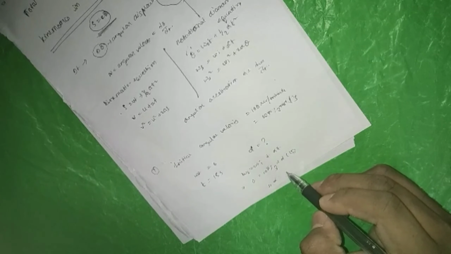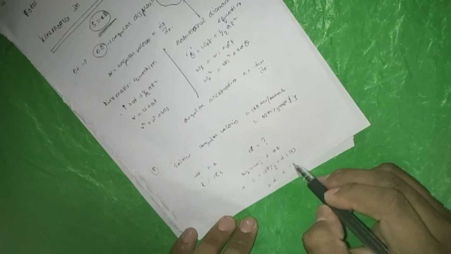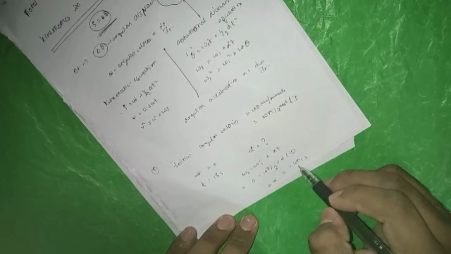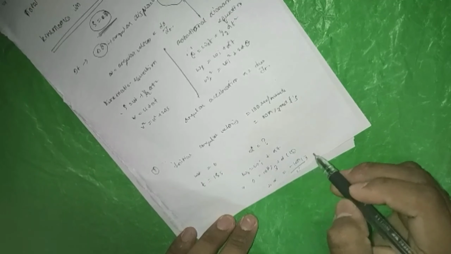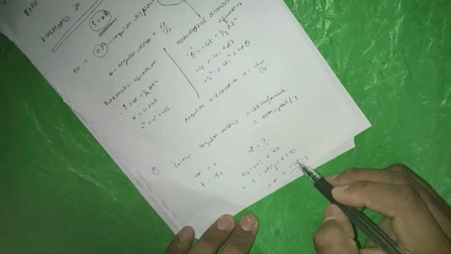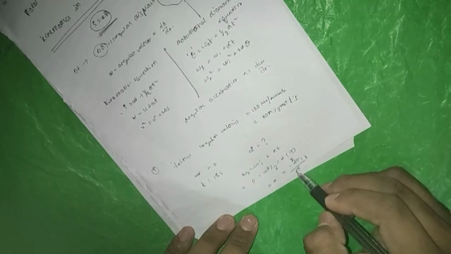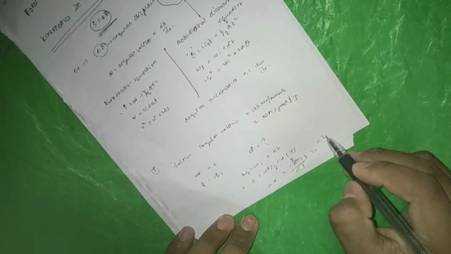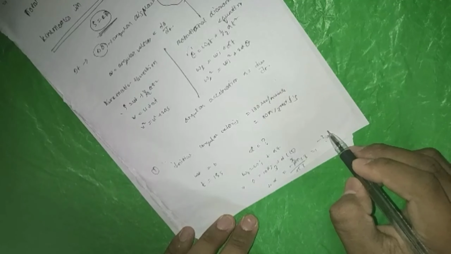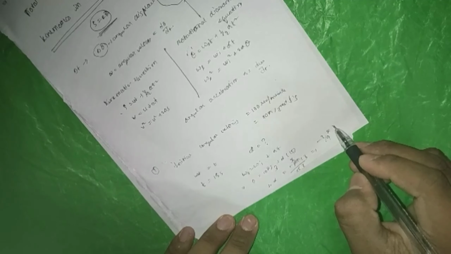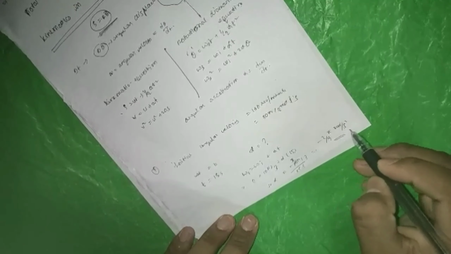Then what is alpha? We get minus 10 pi by 3 by 15. Then this is 2, this is 3, so it is minus 2 by 9 pi radians per second square.